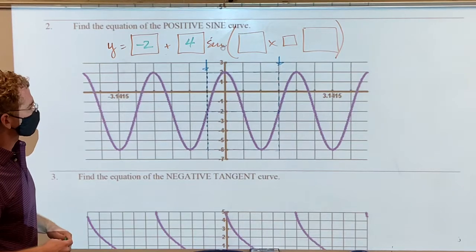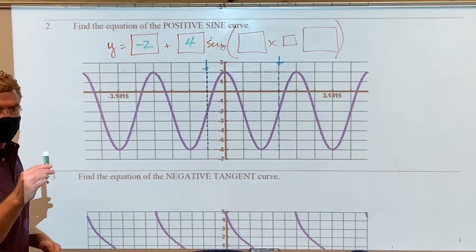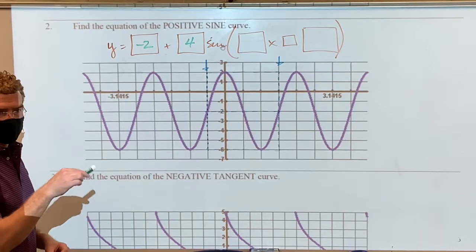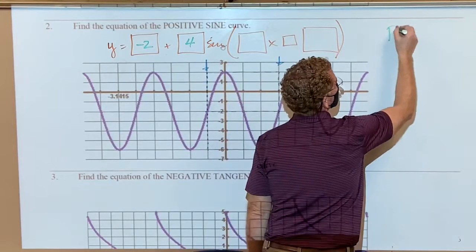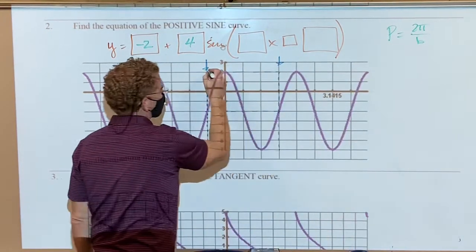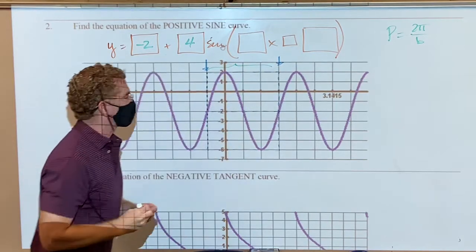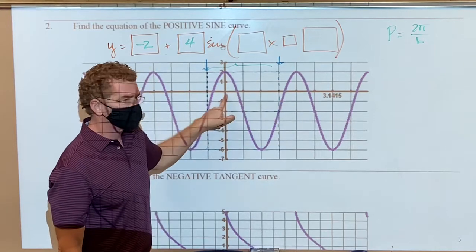And then what next? You mentioned before that it might be better to start with the period equation. So what is the length? And the period we know is 2 pi over b. And we can find the period, and here it looks like 4 ticks again. But this time, what is 4 ticks? It's 2/3 of a pi, right?